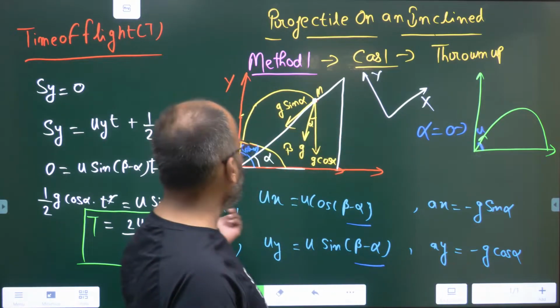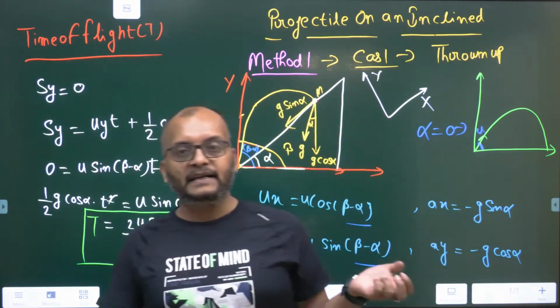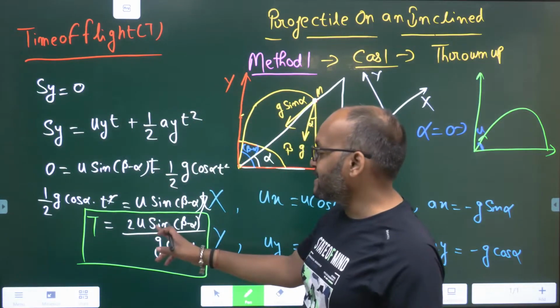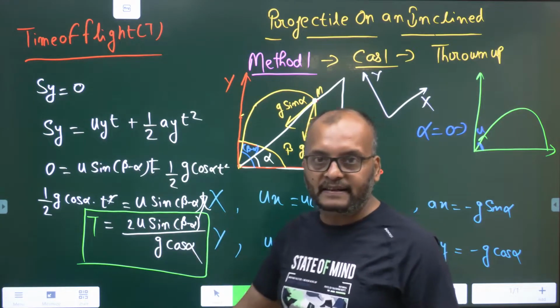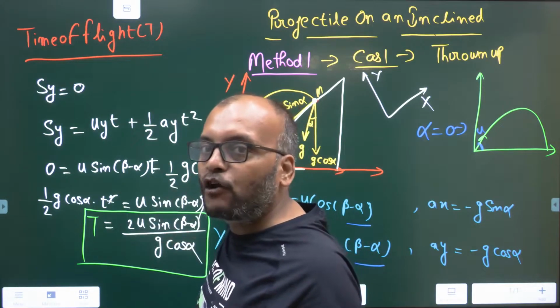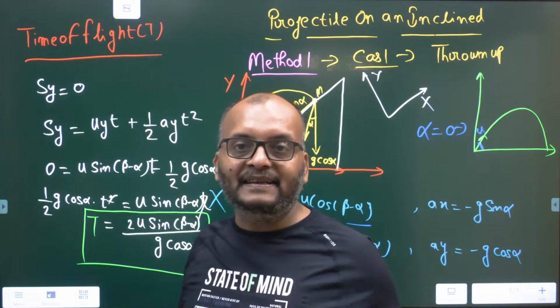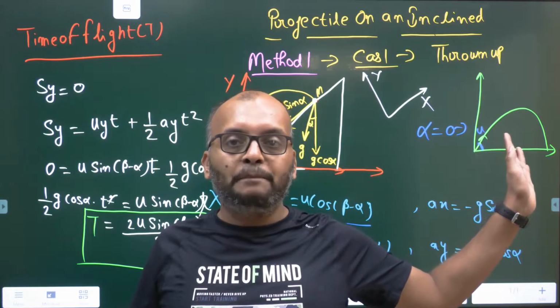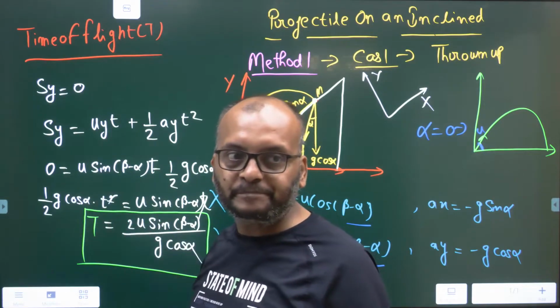It is the same expression that we calculated for normal projectile. So, can I say that this is the general expression for time of flight? If it is a normal projectile, just substitute angle of inclination as 0, that is alpha as 0. You will get the expression for normal projectile. So this is my general expression. Yes or no?